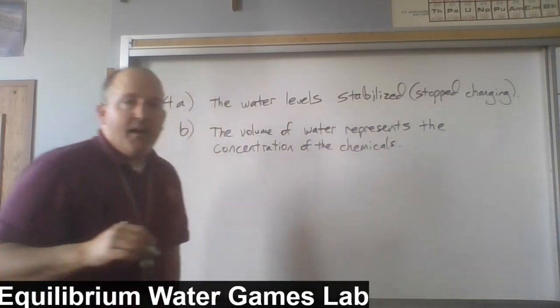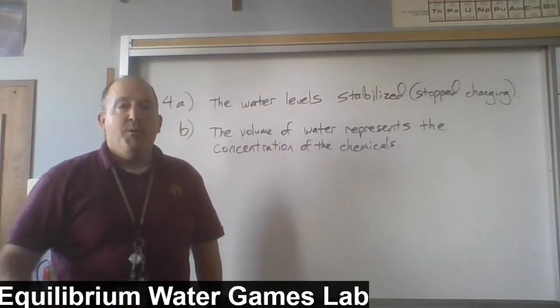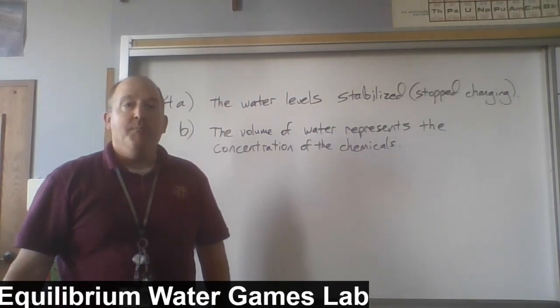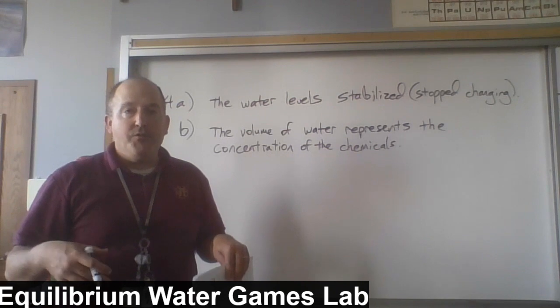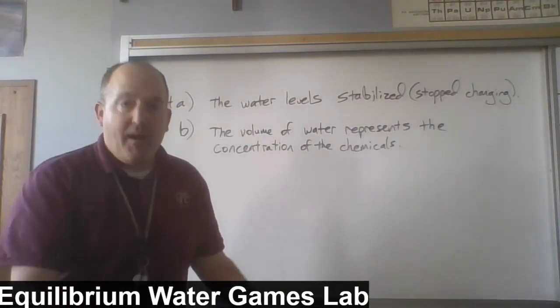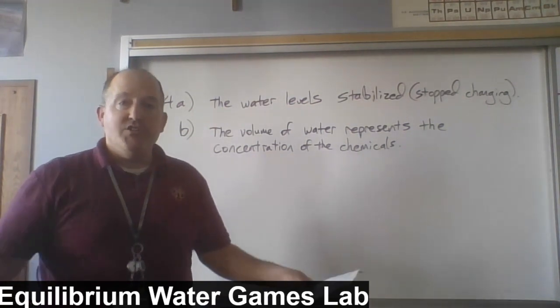So when we say that the volume of water in beaker A is staying the same and the volume of water in beaker B is staying the same, that means that the concentration of the reactant chemicals and the concentration of the product chemicals in the simulation have leveled off. They're not changing anymore.